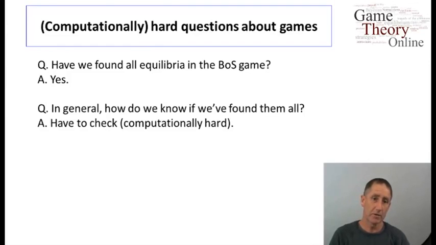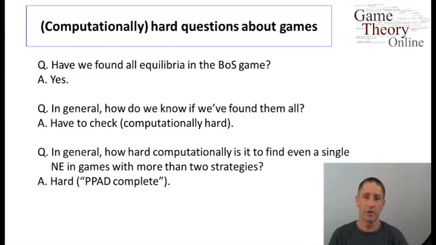You might ask what might seem an even simpler question. Okay, I just want one Nash equilibrium. How hard is that if I go beyond two by two games? And the answer is very interesting and deep, and the short version of it is it's hard.